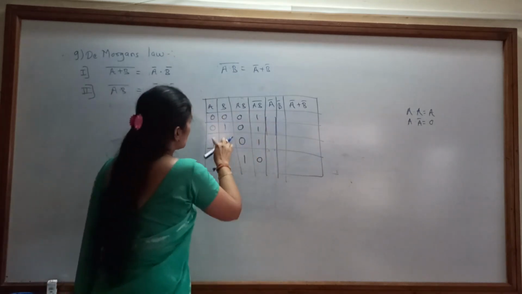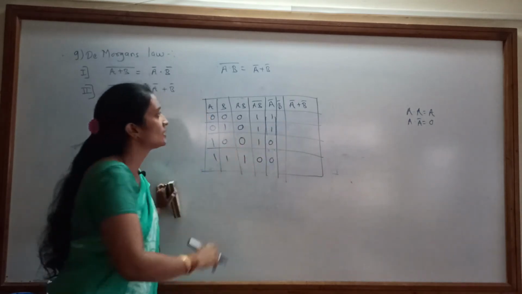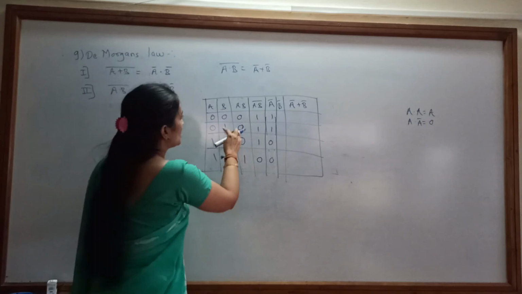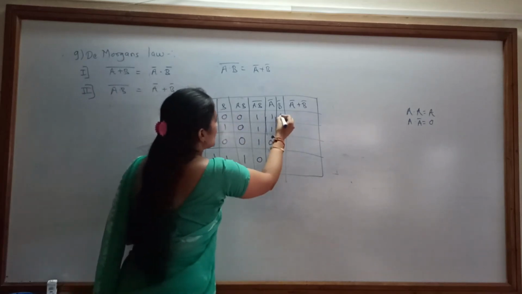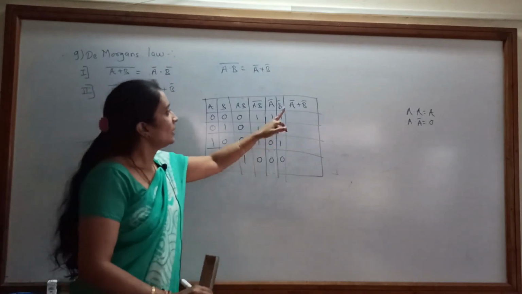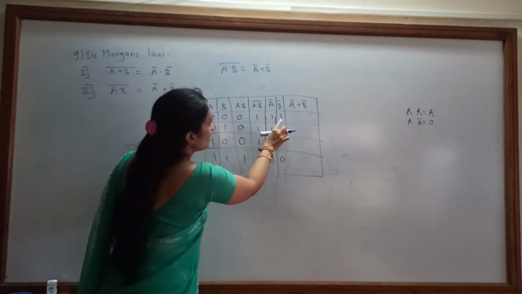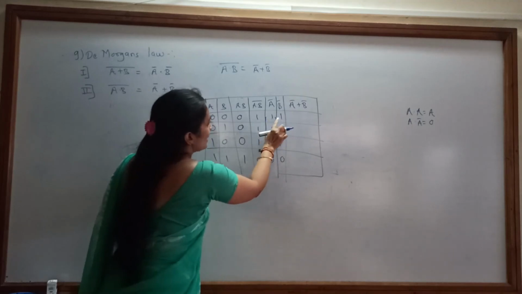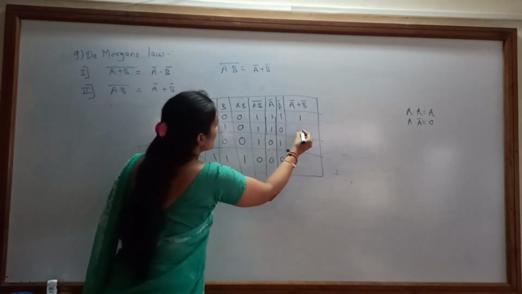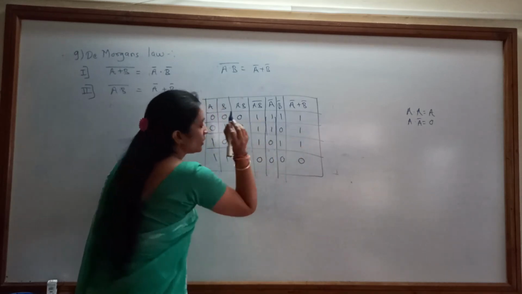A complement is 1, 1, 0, 0. B complement 0, 1, 0, 1 becomes 1, 0, 1, 0. A complement plus B complement: 1 plus 1, 1; 1 plus 0, 1; 0 plus 1, 1; 0 plus 0, 0.